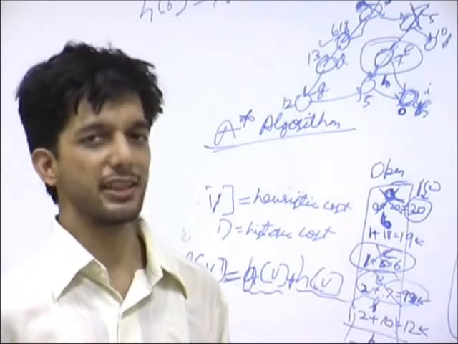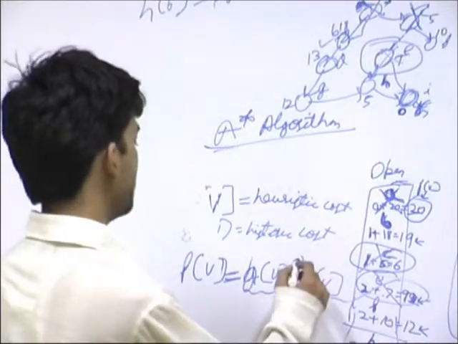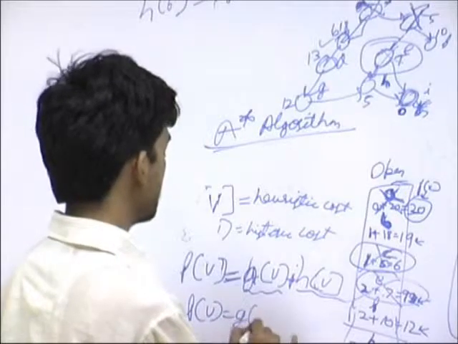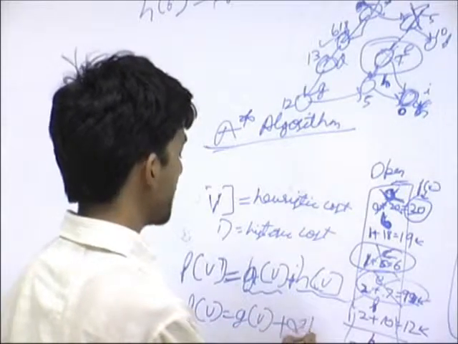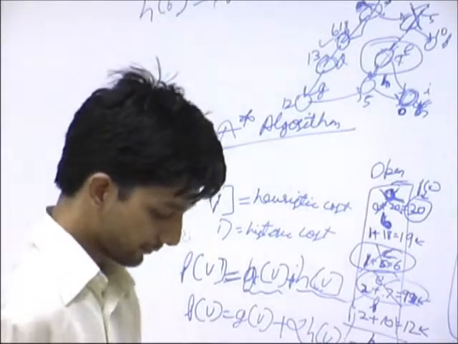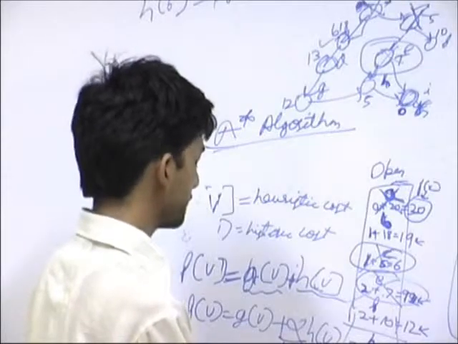Now there are some small invariants that sometimes we would like to consider. There would be an invariant that says let the total cost Fv be nothing but Gv plus alpha times Hv. Here alpha is known as the heuristic contribution.